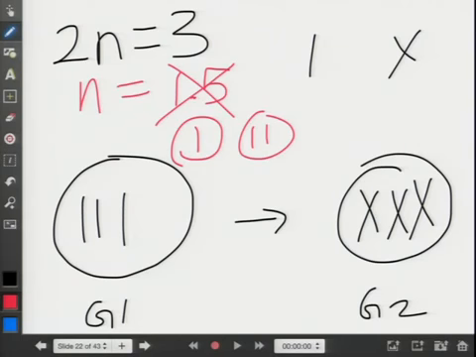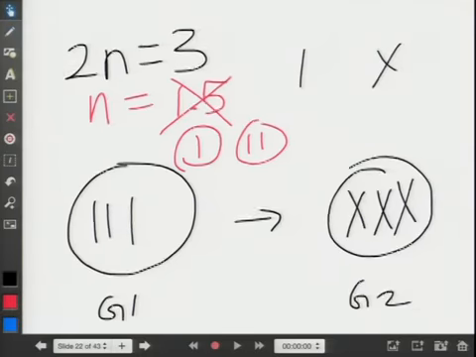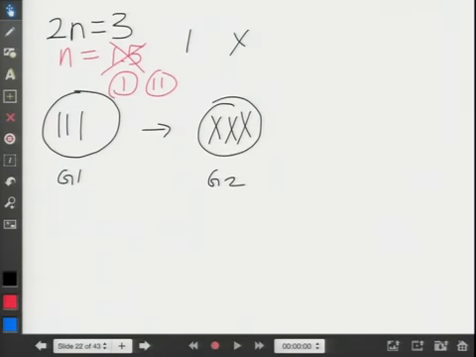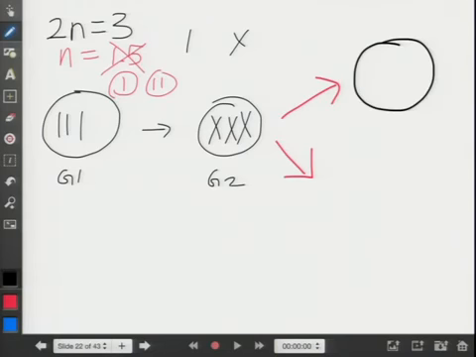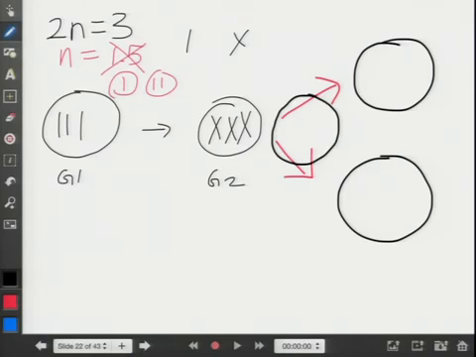So the next step after G2 is mitosis. We go through all the phases, we pull apart the chromosomes. Essentially in anaphase, each of the X's, one side of the X goes one way, one side goes the other, towards the poles.